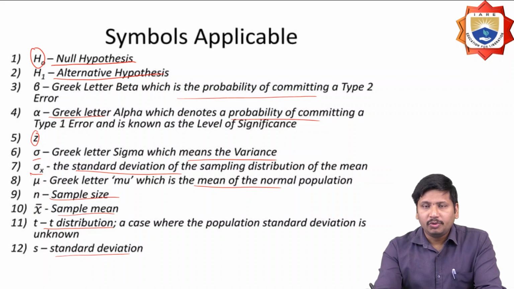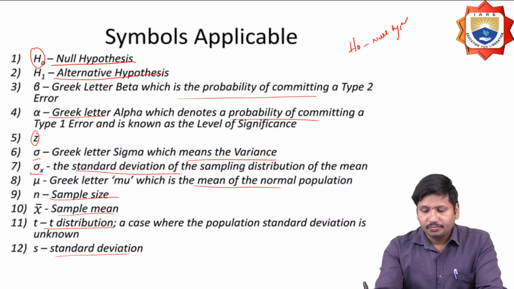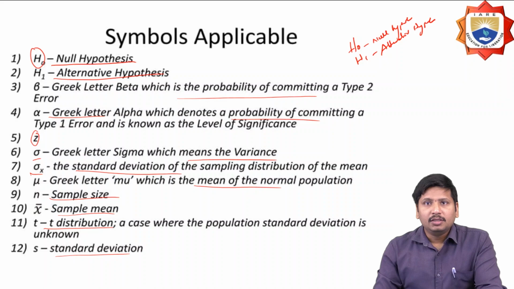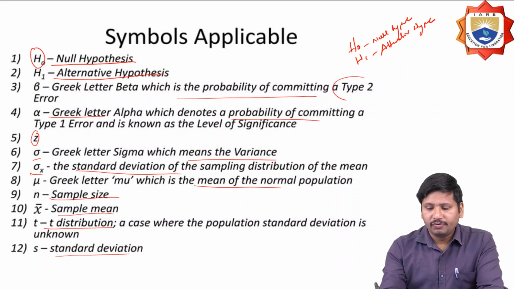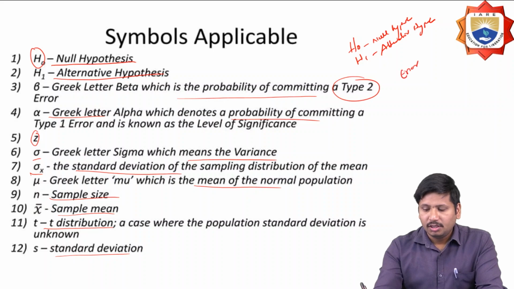Here we use symbols like H naught, which is meant for the null hypothesis, and H1, which is the alternative hypothesis. Another is the Greek letter beta, since different types of errors are present. Let me explain type 1 error and type 2 error in a further slide.